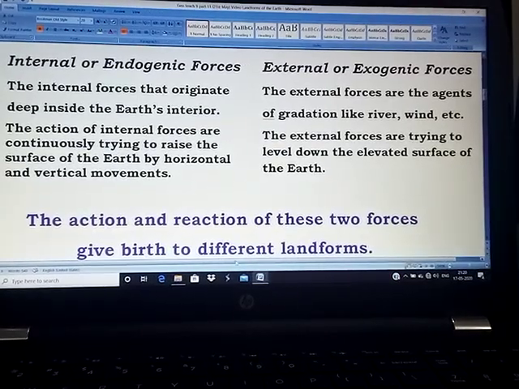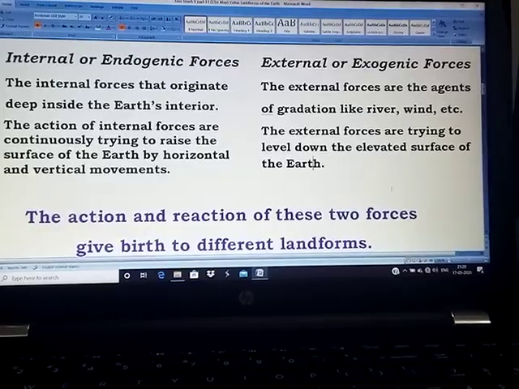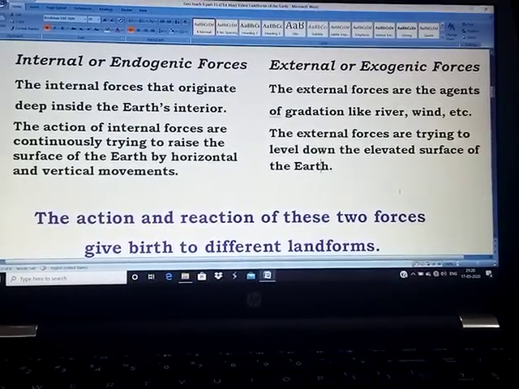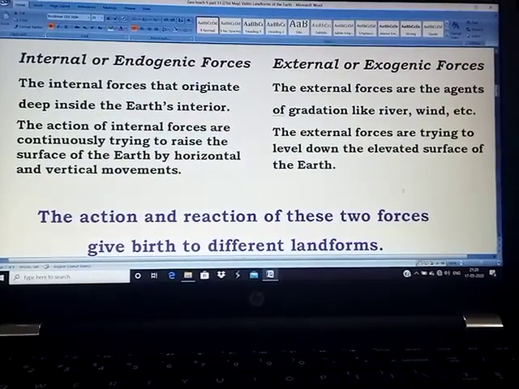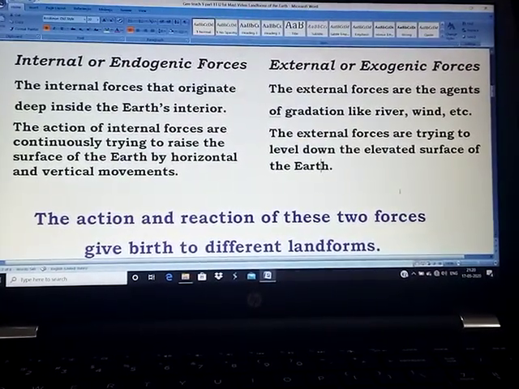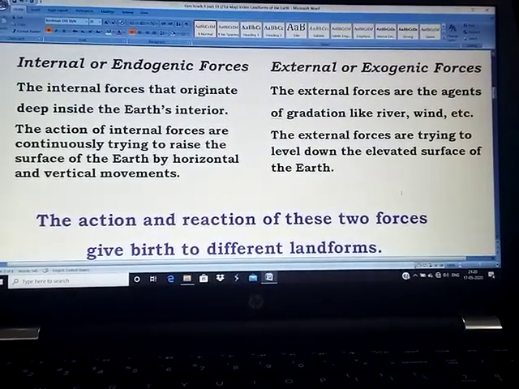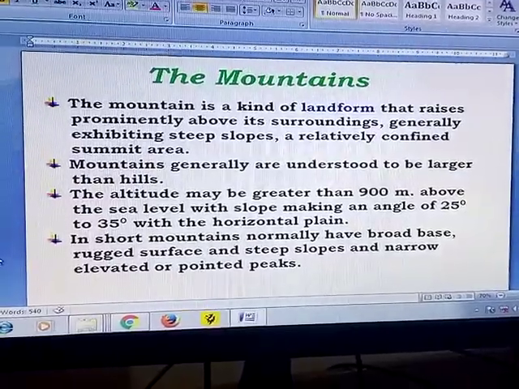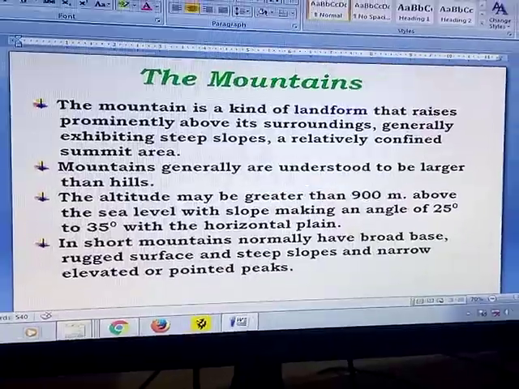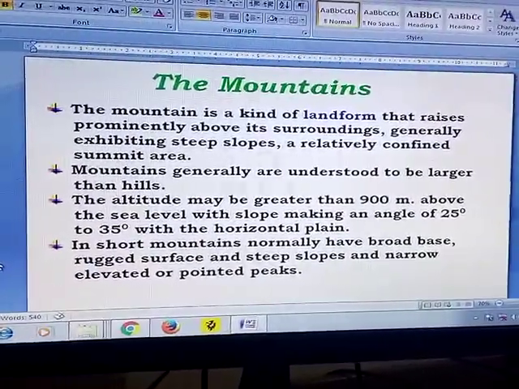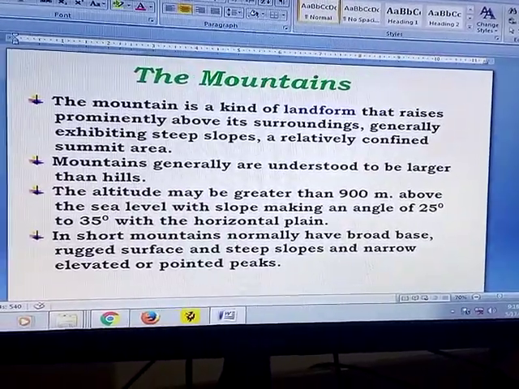The action and reaction of these two forces, constantly taking place, give birth to different landforms. Once again, I remind you the different types of landforms are mountains, plateaus, valleys, plains, etc. So today's main topic is one of the very important landforms of the earth, the mountains.